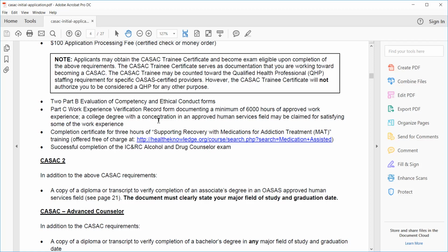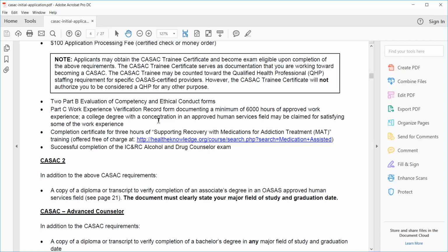If you go on and get a master's degree in a field that is recognized, which I'll show you in a minute, that will knock off 4,000 of these 6,000 hours. You can't double dip, so the most you will ever get is 4,000 hours for your education, and you will still need to do 2,000 hours in the field for this 6,000 hours.